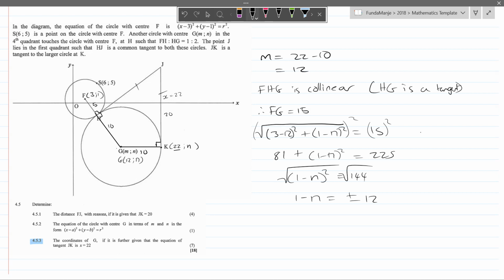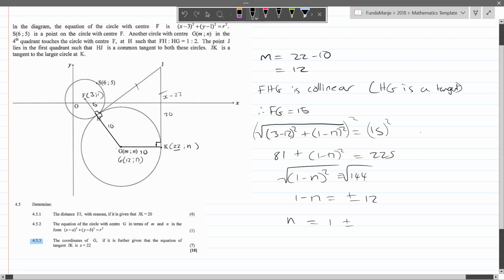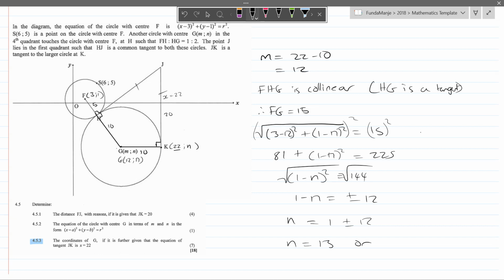So from this point, n is equal to 1 plus or minus 12. So n can either be 1 plus 12, which is 13, or 1 minus 12, which is minus 11.